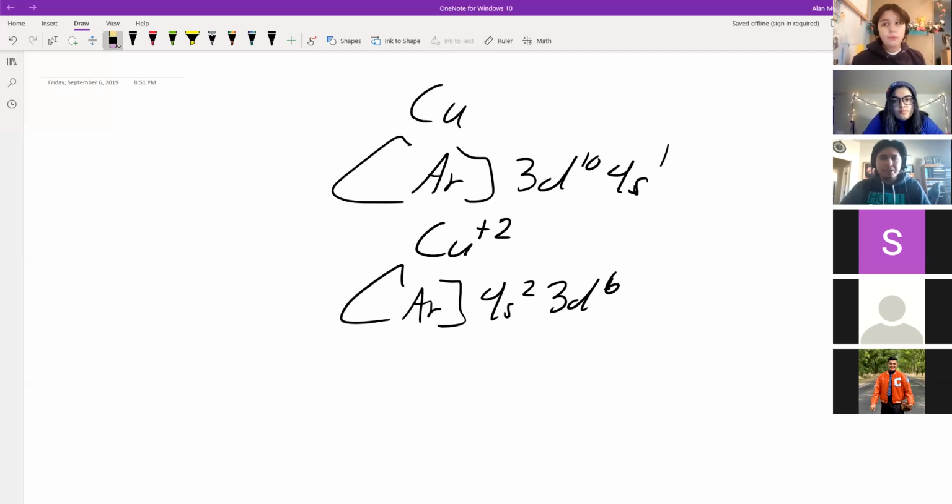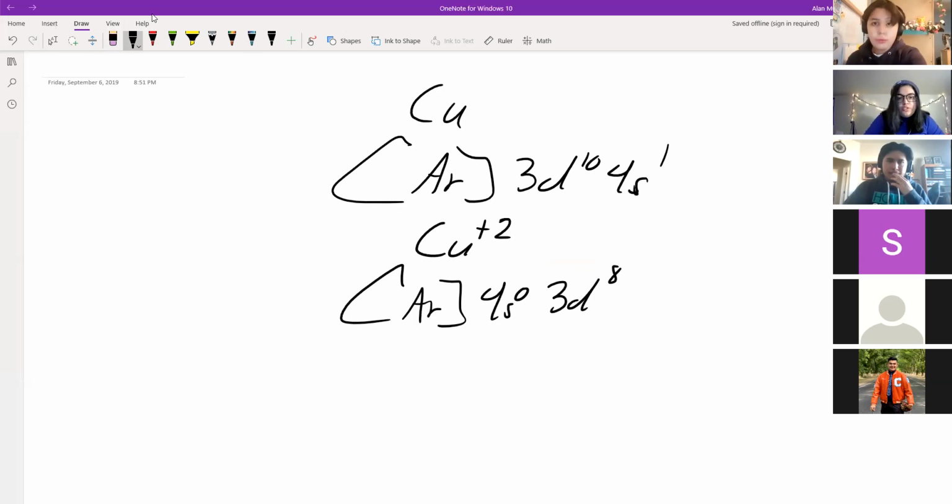So we will get 4s0 and then 3d8, because it's trying to be as stable as possible.